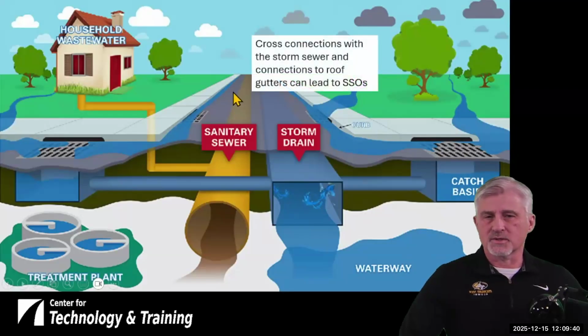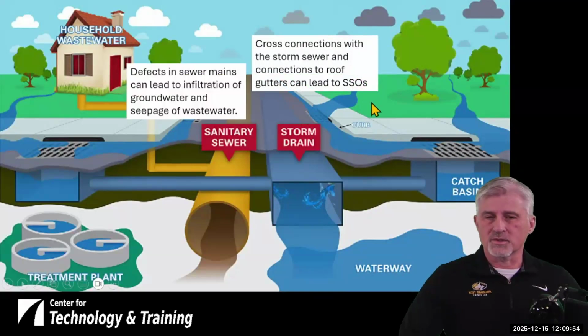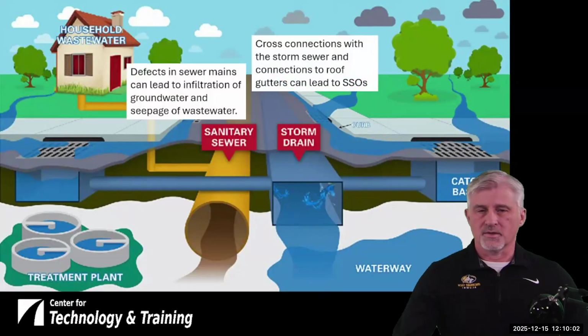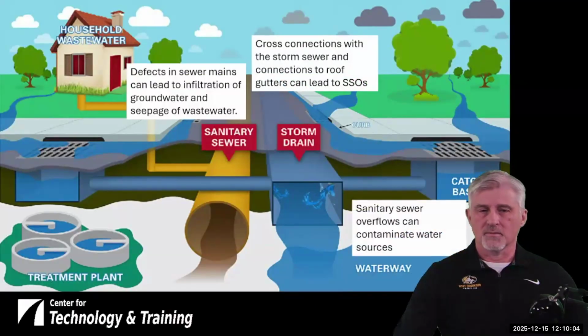Cross connections with the storm sewer and connections to roof gutters can lead to SSOs. So we're putting too much water in. Water's coming in from places that it shouldn't be coming from, and it's causing us to have overflows. If we've got defects in the sewer mains, that can lead to infiltration of groundwater and seepage of wastewater. All these things are adding up.